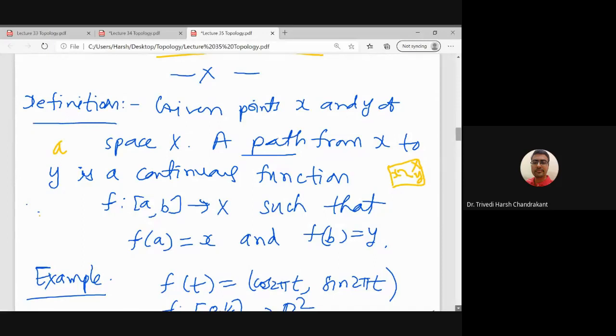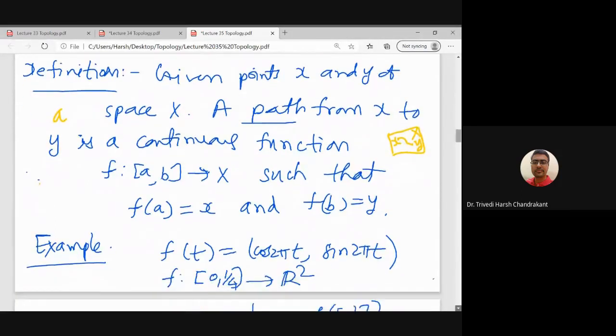And if I can find a path between any arbitrary 2 points x and y of the topological space X, then the topological space X is known as path connected. So first of all, let us take an example of a path.